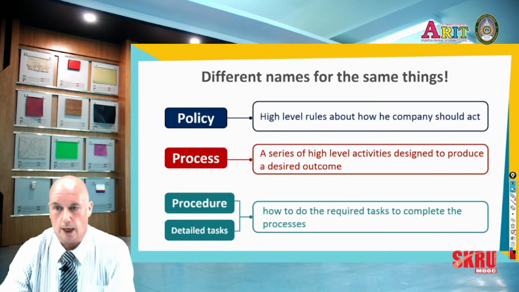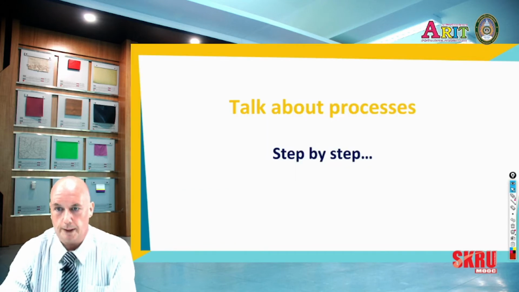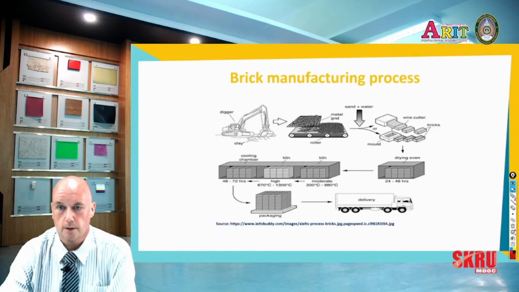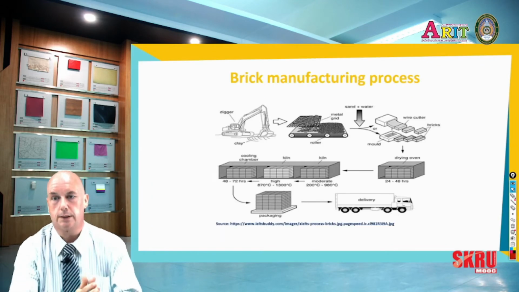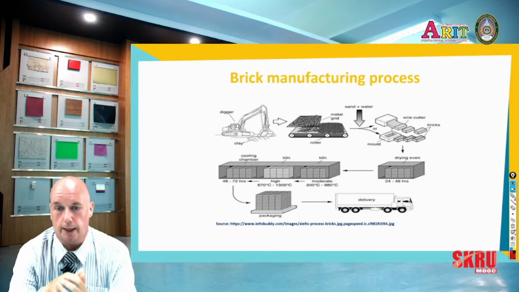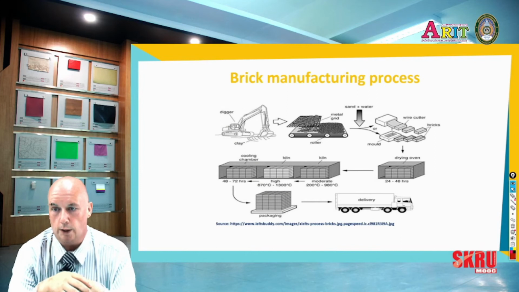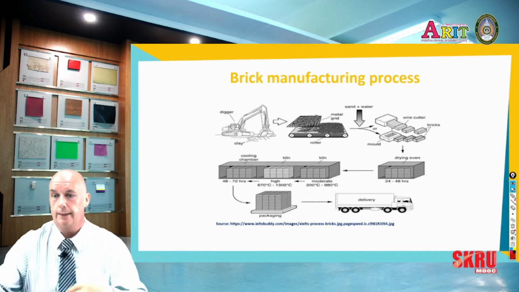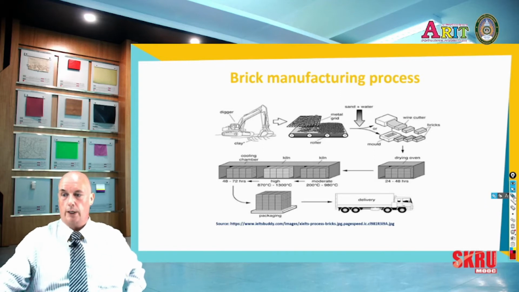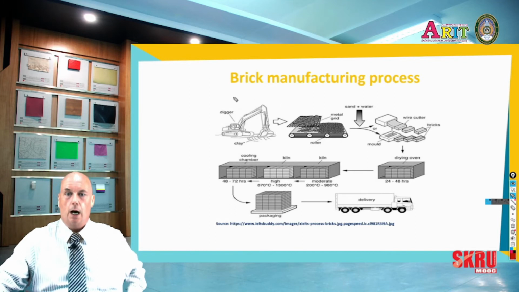The one we're going to take a look at today will be talking about processes. And we're going to use this as an example. This is actually an extract from an IELTS task where you have to describe a process. In this case, we have to look at what has to happen. And when you look at things, we group them together into different tasks.